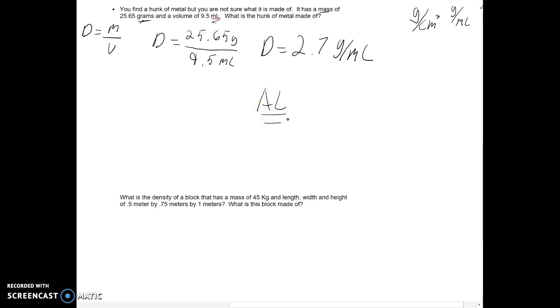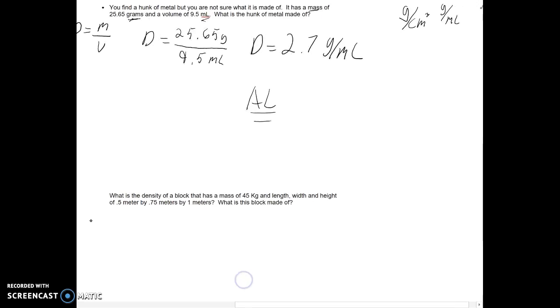My second problem presents me with the exact same thing. I'm finding density, so I'm going to use my density equation. Density equals mass divided by volume. But now I have a little bit more complicated values to work with. I see that I'm given my mass, but my mass is in kilograms.